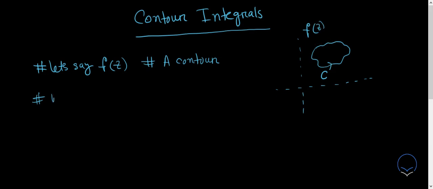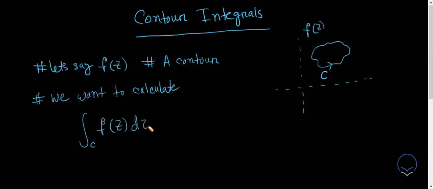So let's say we want to evaluate or calculate an integral that looks like this, that is, you have f of z dz. So you are taking the function and you want to integrate it, but you can see that there is this C over here. This means the contour that we are choosing in the complex plane.